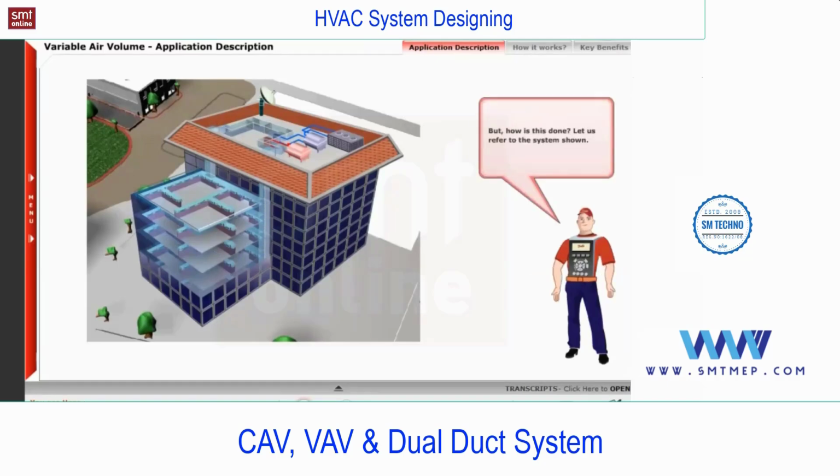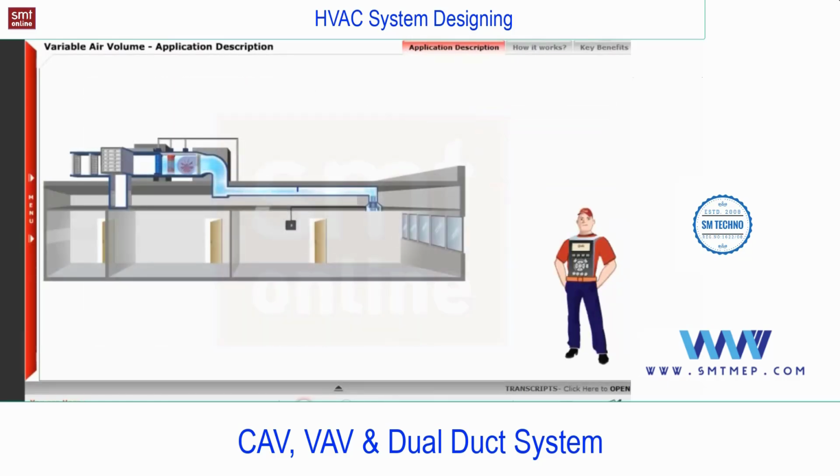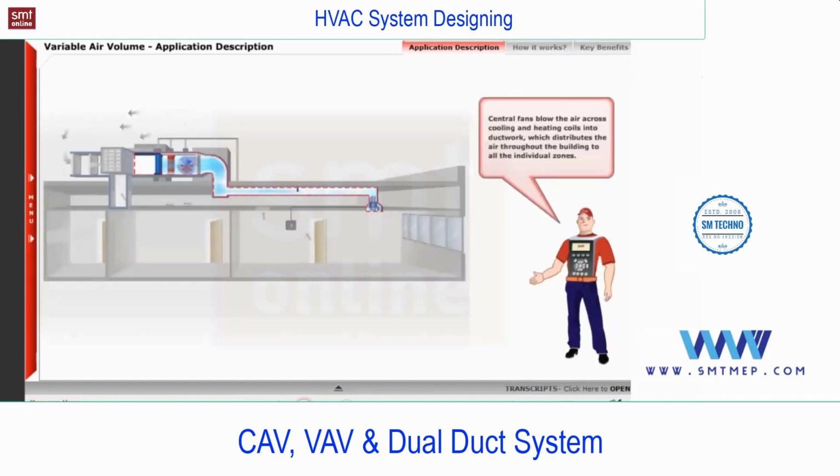But how is this done? Let us refer to the system shown. VAV systems typically bring outside air into air handling units and mix with return air, where the air temperature and humidity can be adjusted. Central fans blow the air across cooling and heating coils into ductwork, which distributes the air throughout the building to all the individual zones.